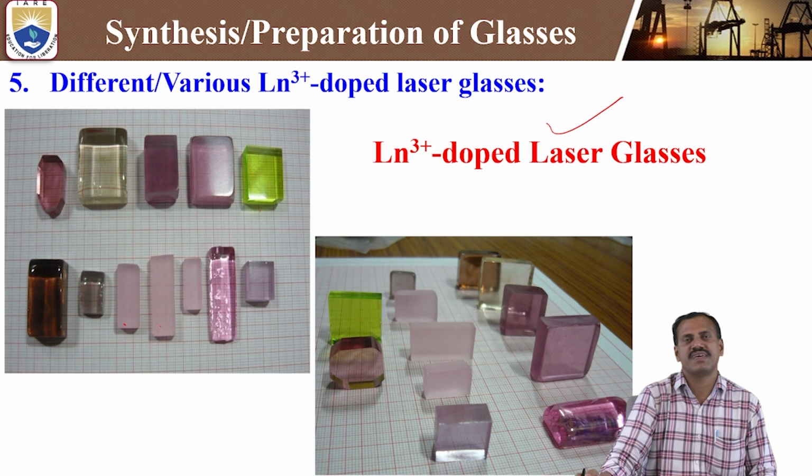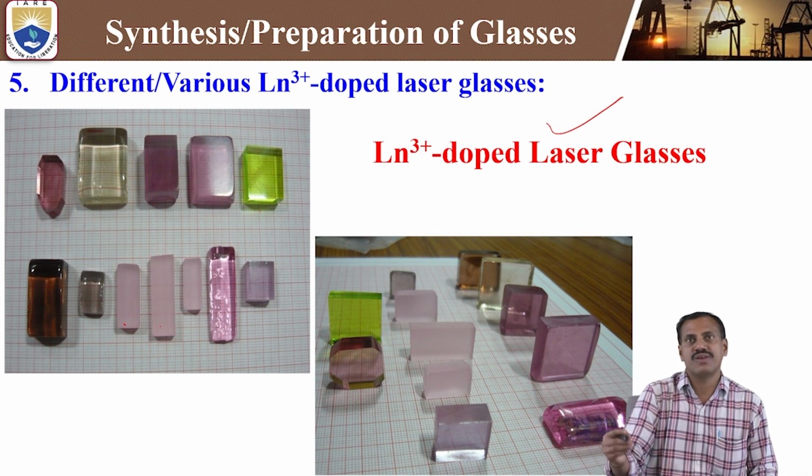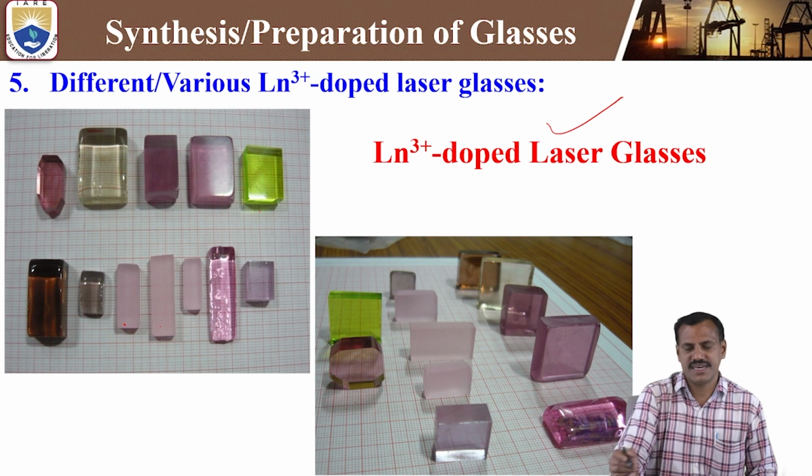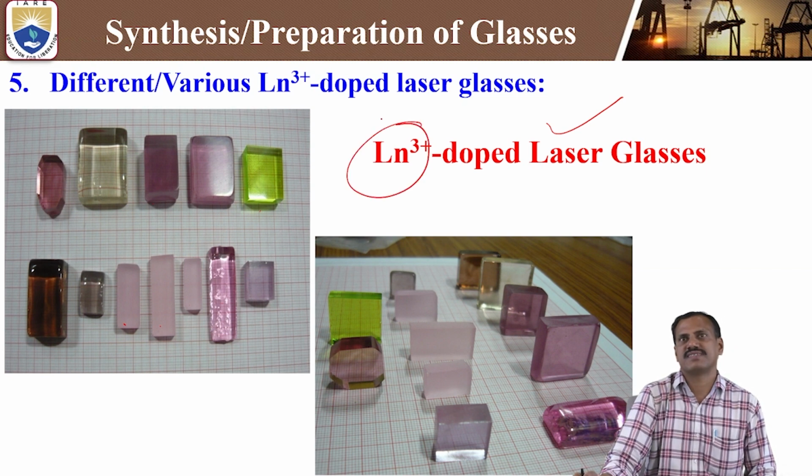We can prepare different compositions, that is, borate, phosphate, fluorophosphate, silicate or tellurate. That is the different glass compositions. In these, we are adding rare earth ions, or lanthanide 3+ doped glasses. Whenever an active ion is added into the glass composition, it will exhibit different kinds of colors.